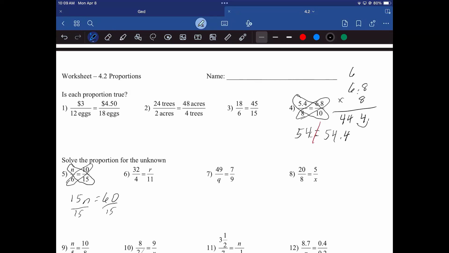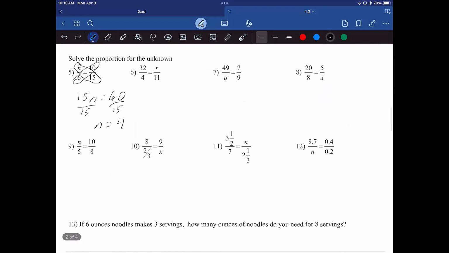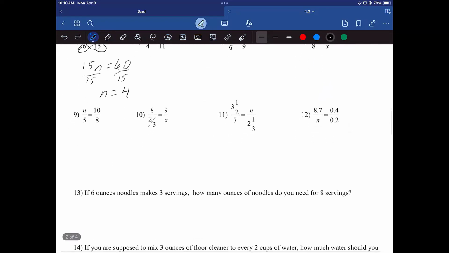When I'm solving for a variable, I'm isolating it, getting it away from the group. This time it's grouped by multiplication. We undo that with division or multiplication by the reciprocal. And we get n is equal to 4. So we can use this to figure things out.